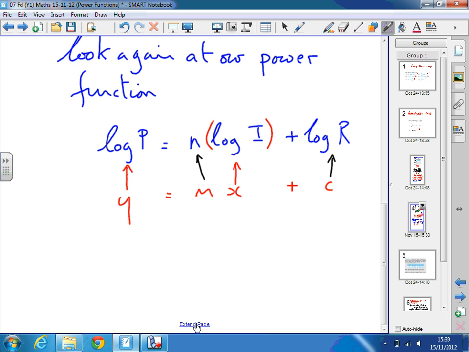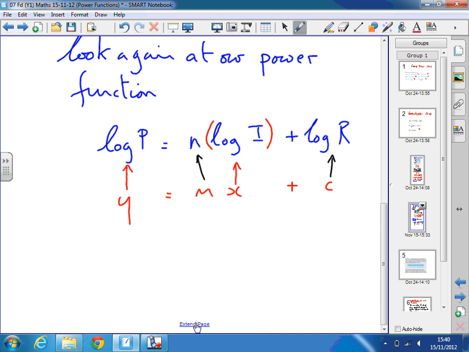If the relationship is power equals R I to the n, then I should get a straight line. So if I plot it and I don't get a straight line, then it's not a p equals R I to the n relationship, and I've got to look somewhere else. But if it is a straight line, then I'm correct in my assumptions. It's some sort of power function. And more than that, I can find out what these constants are in this relationship.